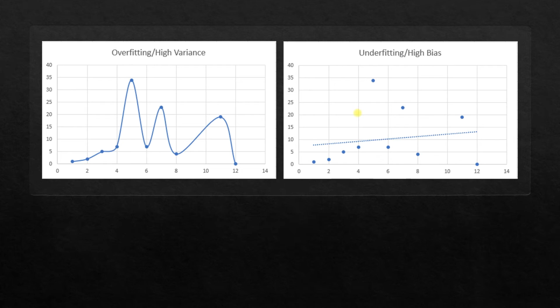How do we identify if my model is overfitted or underfitted? When you talk about overfitting, when you calculate the accuracy on your training data, you'll get very good accuracy, maybe 90-95%. But when you test the performance or accuracy on your test data, which is unseen data, it will be very poor, very bad.